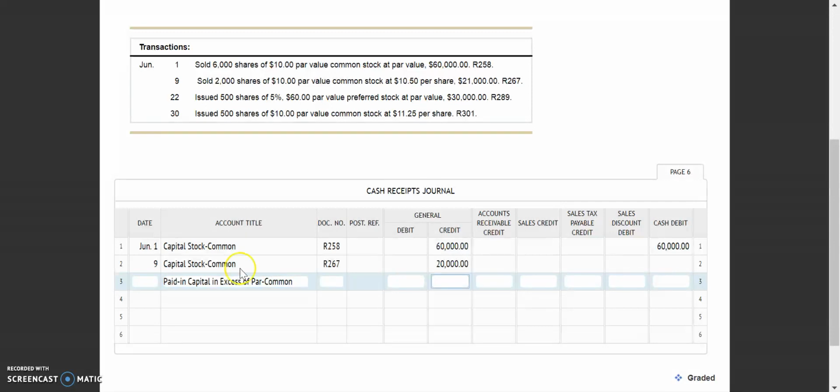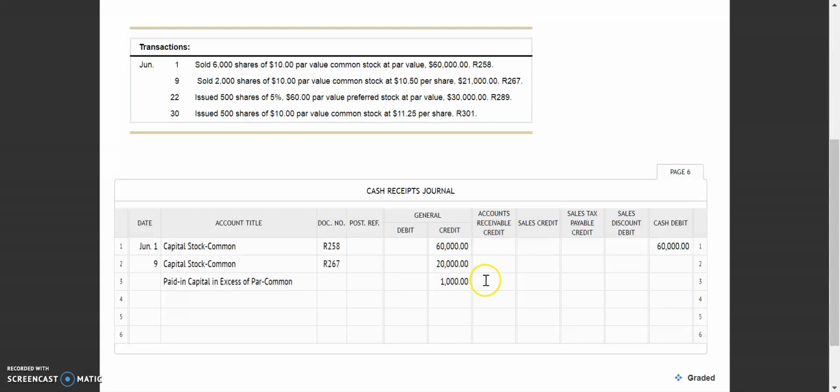And this we take the 50 cents times 2,000 shares, and we wind up with 1,000. Now you can also, if you wanted to, just take the 21,000 minus 20 and you'd get the same answer.